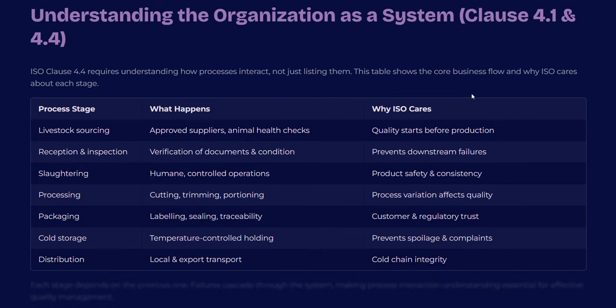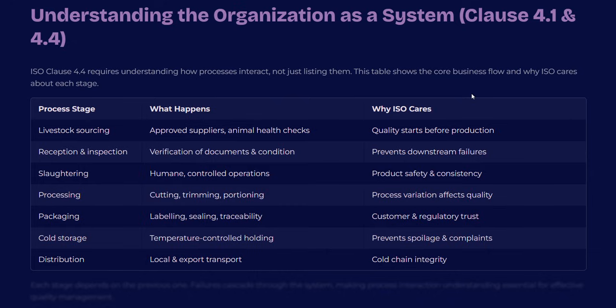What happens during the process stage of reception and inspection? Verification of documents and condition. Why does ISO care? Because it prevents downstream failure. The process stage of slaughtering. What happens there? Humane and controlled operations. Why does ISO care here? Because product safety and consistency happen here.